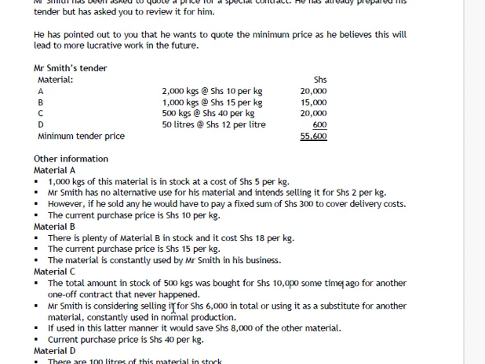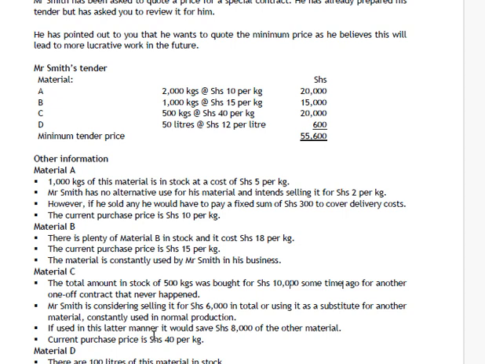Mr. Smith is considering selling it for shillings 6,000 in total, or using it as a substitute for another material constantly used in normal production. If used in this latter manner, it would save shillings 8,000 of the other material. Current purchase price is shillings 40 per kilogram. The material is in stock already.